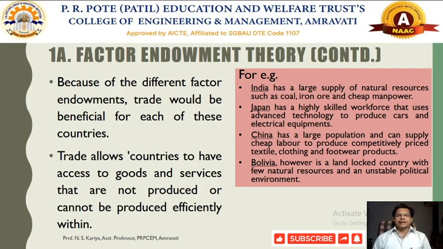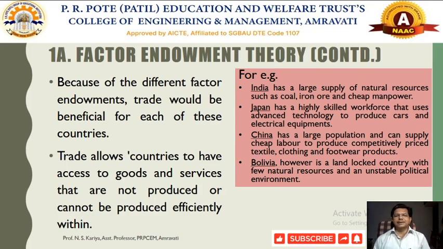Because of different factor endowments, trade would be beneficial for each of these countries. Each country believes for itself whether it can produce or not, depending on the factor endowment. So trade allows these countries to have access to various goods and services which they can or cannot produce, and depending on those can and cannot conditions, they conduct international trade.